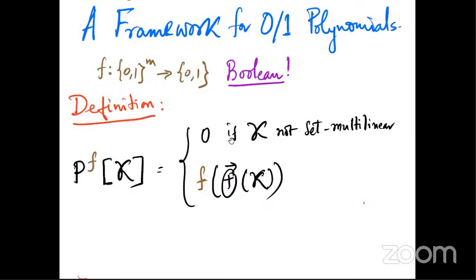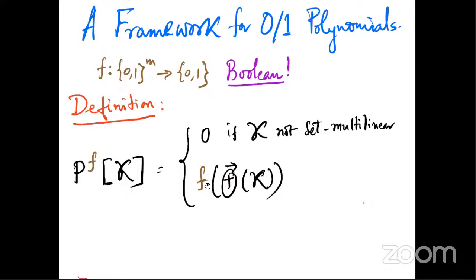It's set multilinear, so all non-set multilinear monomials will not appear, they will be 0, and every set multilinear monomial will have a value either 0 or 1 by just evaluating f on its parity vector, the same parity vector that we used for cancellations, right?